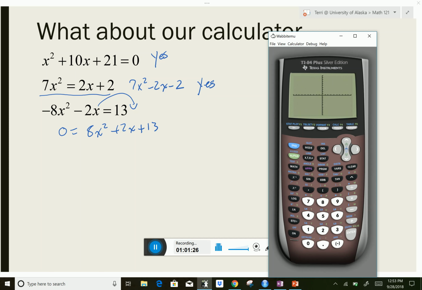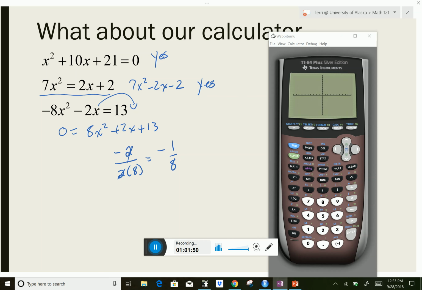Okay, it's not showing me. So let's make sure that we have the vertex in there. So negative b over 2a. Well, we know its vertex is negative 1/8. So we definitely have the vertex is going to be like right here.